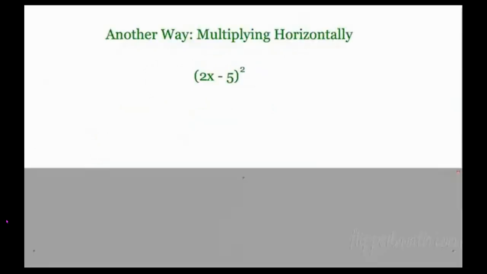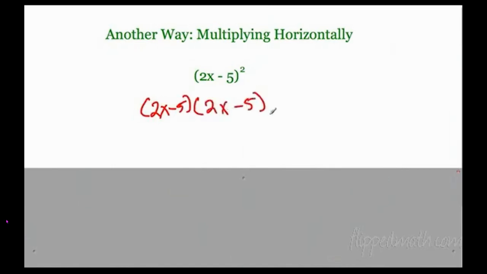All right. Ooh, multiplying horizontally. Ooh, that sounds crazy. So let's do this. First of all, this says 2x minus 5 squared. Well, that is just 2x minus 5 times itself, 2x minus 5.